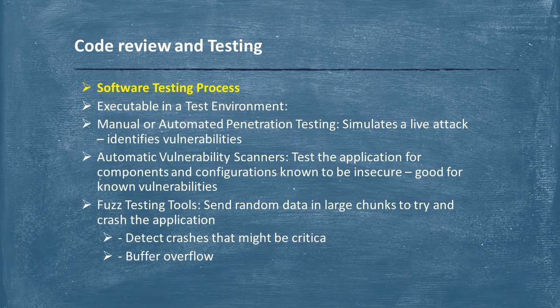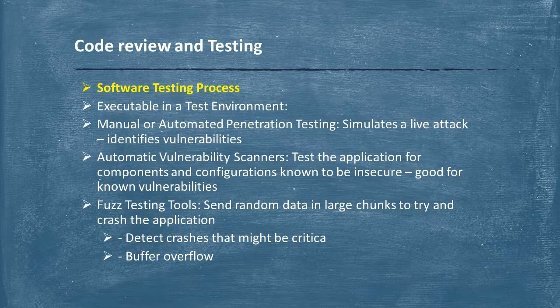Now finally the coding is completed. Now executables are available. Now either a manual or automated test can be performed. Penetration testing simulates the live attack and identifies the vulnerabilities. Automatic vulnerability scanners are available. They test the application for components and configurations known to be insecure, good for known vulnerabilities.